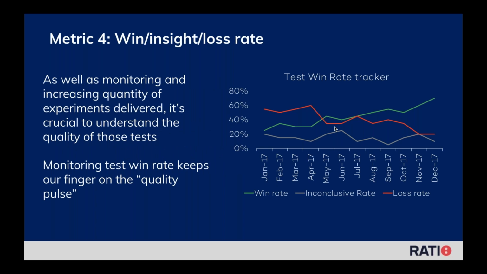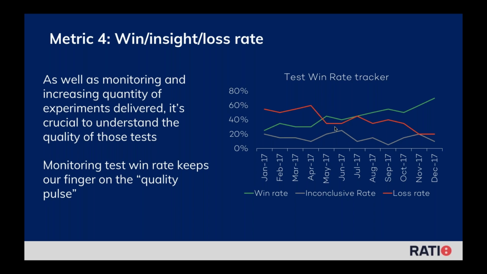Obviously, as I said, we want to make sure that the quality of our hypotheses is the same or improving over time, even as we're increasing the velocity of experimentation. And so one thing that you can look to do there is to calculate on an ongoing basis the rate at which your tests are winning, the rate at which you're getting inconclusive results, and the rate at which your tests or your hypotheses are losing.